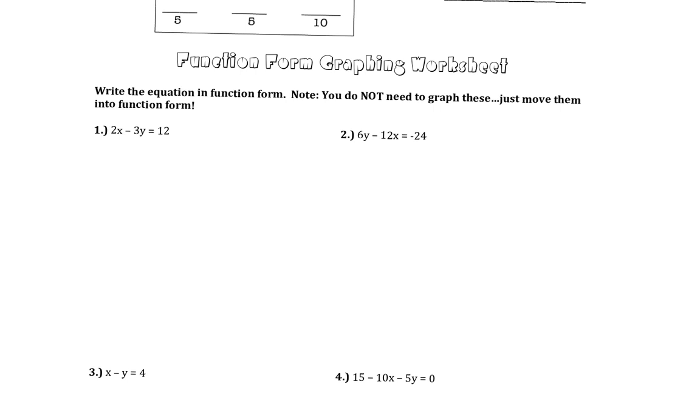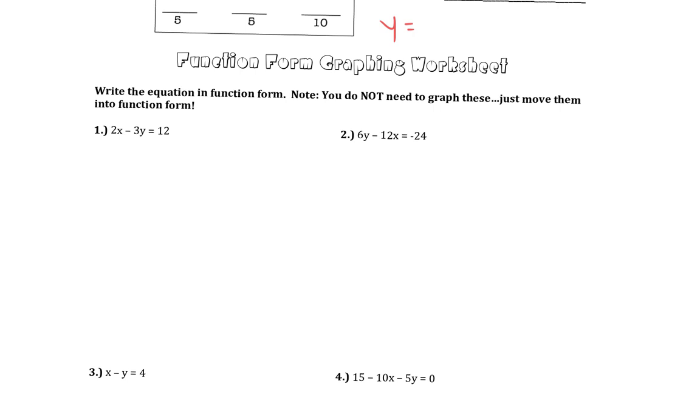Okay, so let's start by reviewing how to move an equation into function form. Before we do this, we've got to remember what is function form. Function form is where we always have the y by itself.